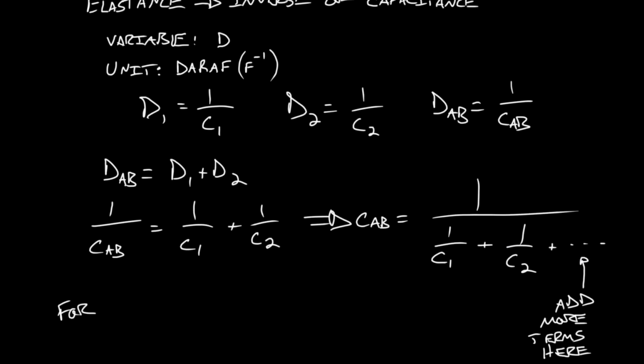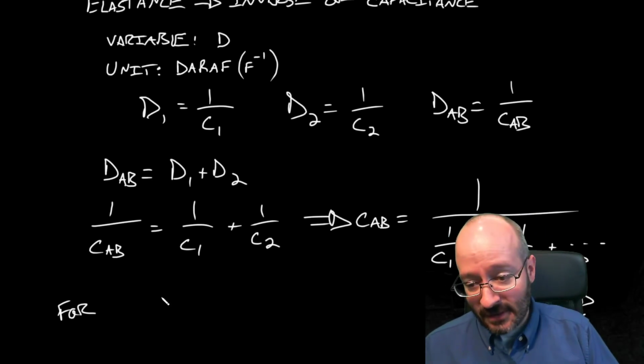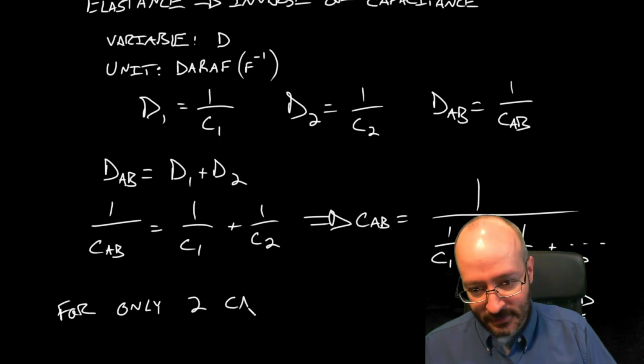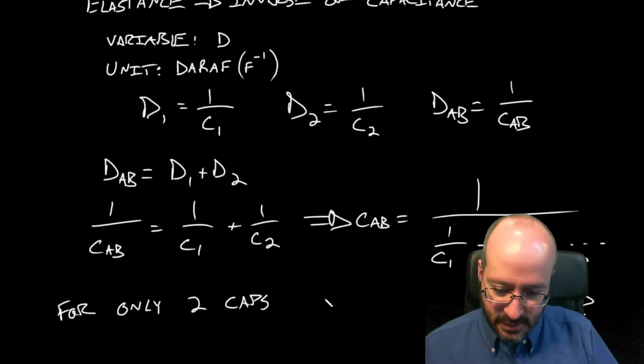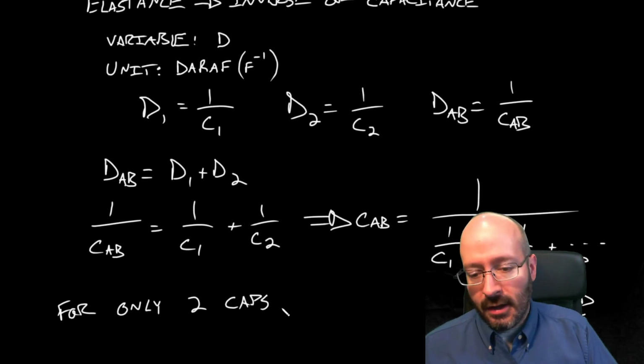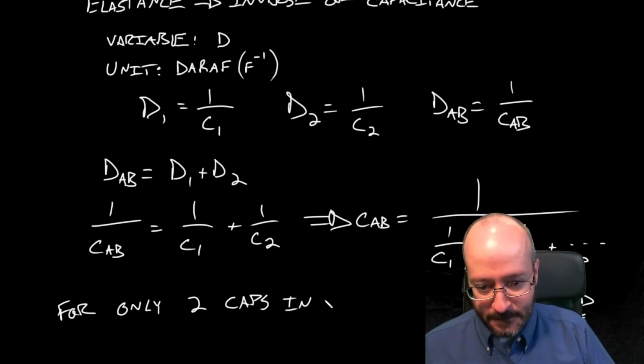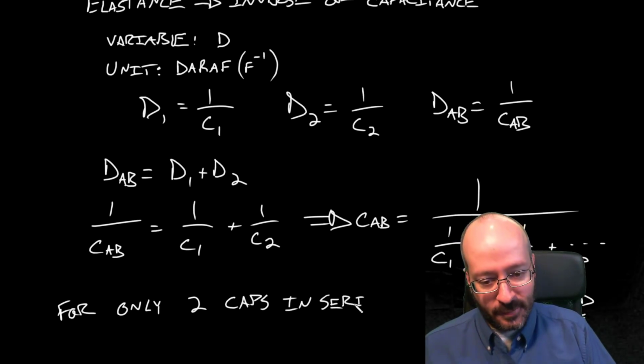Now we have the special case of having only 2 capacitors. A lot of times we abbreviate and call them caps. Only 2 caps in series, we can use that product over sum form.